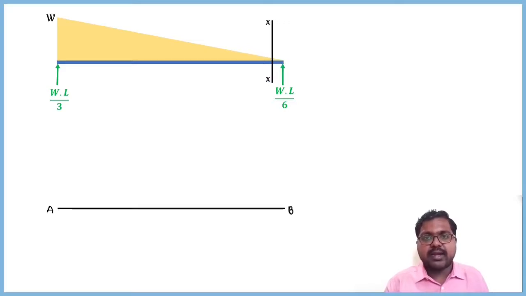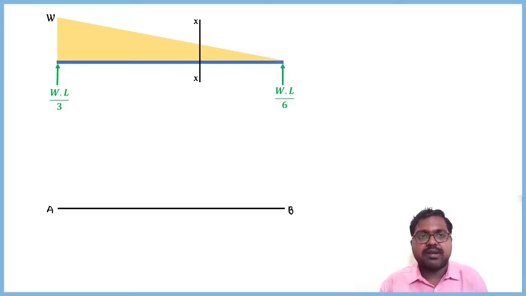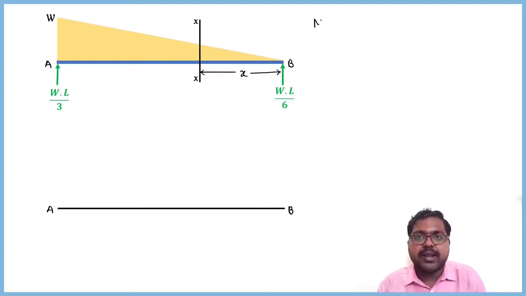Then I am going directly to a section in between A and B, at a distance of x from B. Now I am going to calculate the bending moment at XX for a generalized equation. That will be equal to WL by 6 into x.